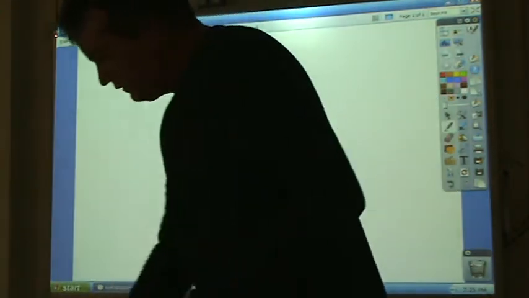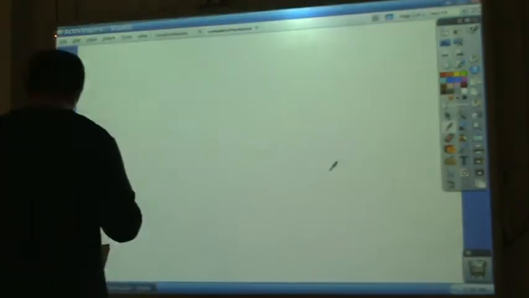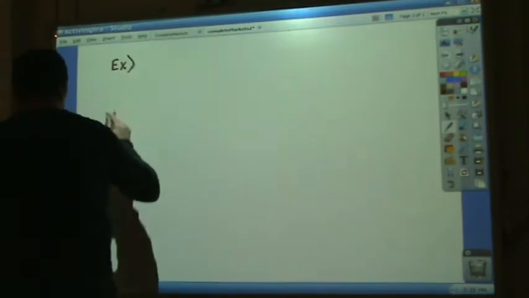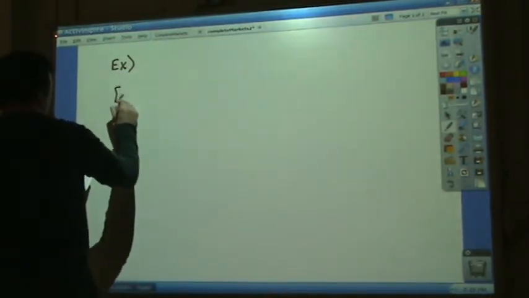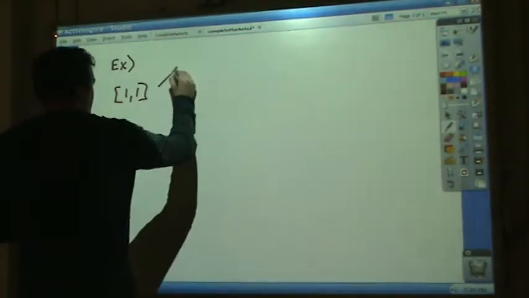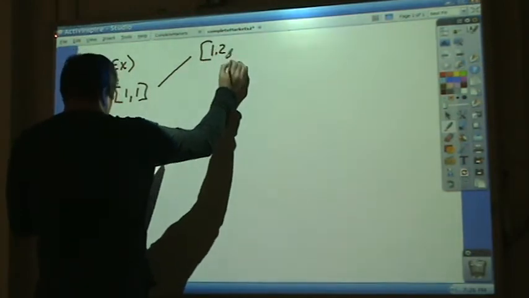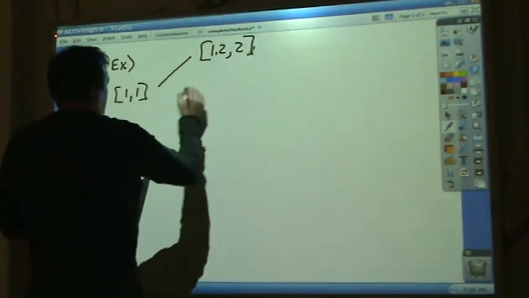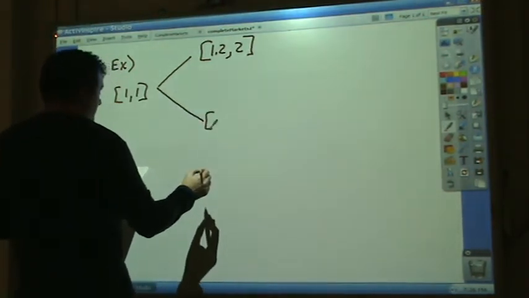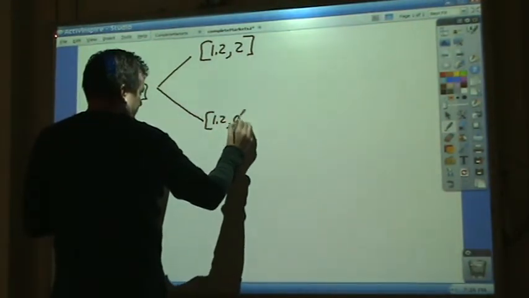Okay, so just continuing on some more of these examples, let's look at an example like this. Example where we have two stocks, two securities, and in the future they could either go, if the market goes up, they'll go to $1.20 and $2, or the market could go down and there'll be $1.20 and 50 cents.